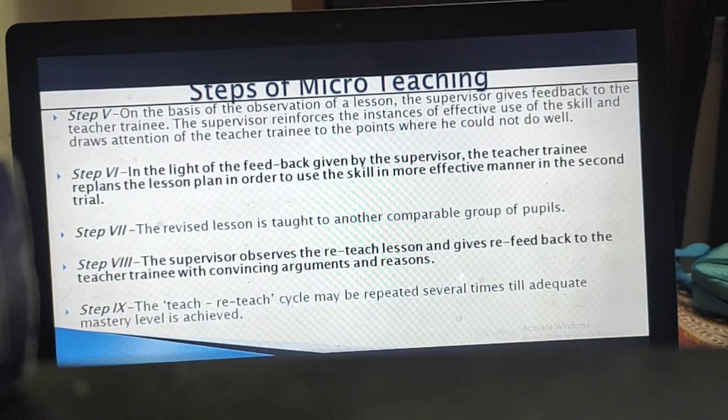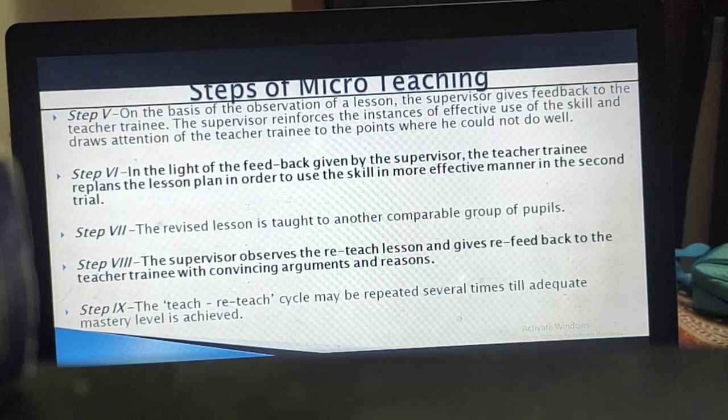Number 5, on the basis of observation of the lesson, the supervisor gives feedback. After he completes his teaching skill, the supervisor immediately gives him the feedback.